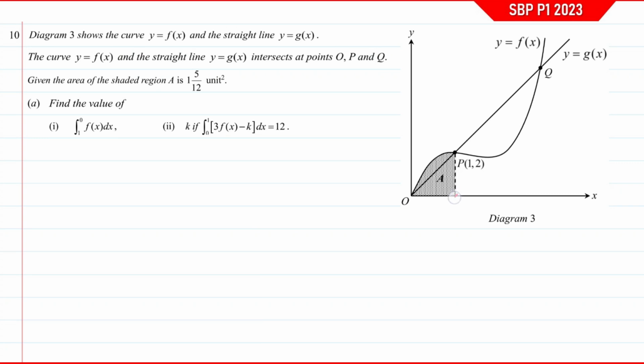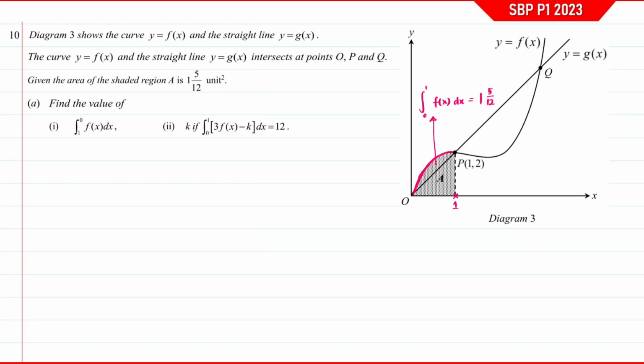So based on the diagram, the point here will be number 1, and the region A is the area under this curve, which is f(x). To find the area A, we're going to integrate f(x) from 1 to 0 with respect to x, and the answer will be 1 and 5/12.